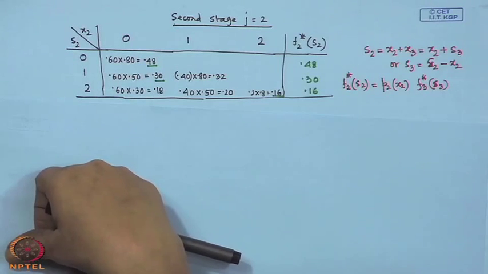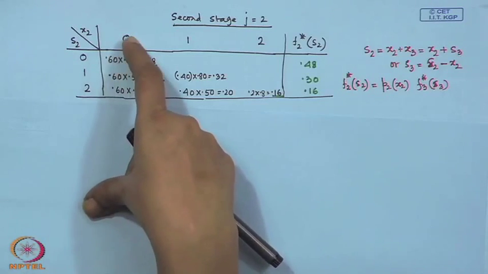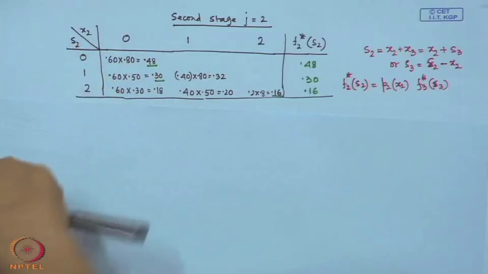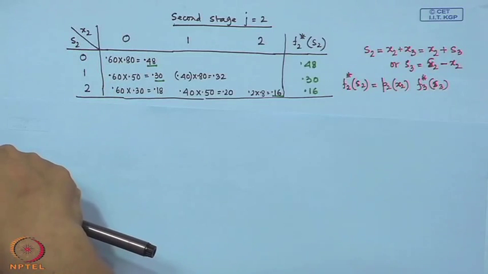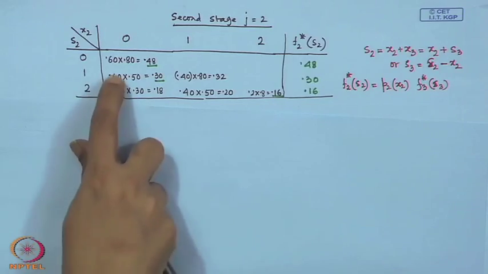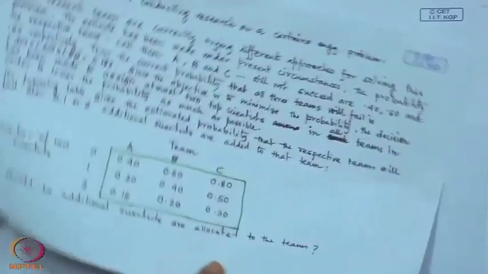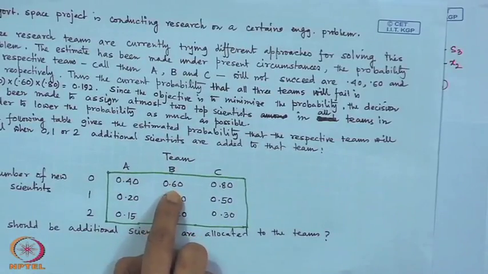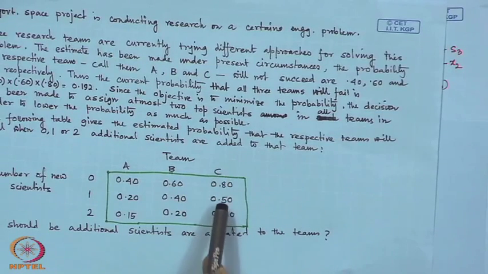Now, for the next, when x2 is 0 but s2 is 1, that means team C got one scientist but team B did not get any scientist. That is why by considering the probability value, we have to calculate the probability, that is coming 0.6, that is team B is not getting any scientist, but team C is getting one scientist, that is 0.5.